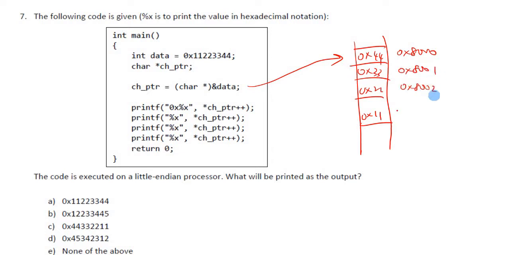It could be in any location, but we know that it is in consecutive locations, because it's 4 byte data. When I do a printout, I'm printing out the value and incrementing the pointer, and so on. So I'm printing out 44, 33, 22, 11. So the answer is C.